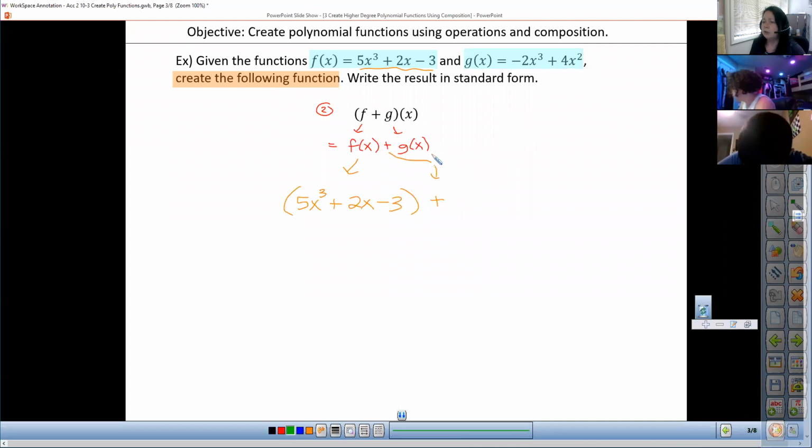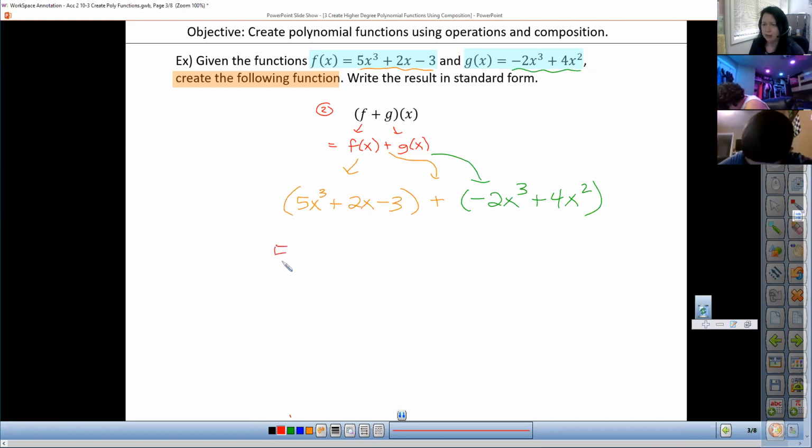And then I have g of x here in parentheses, which is these two terms, negative 2x cubed plus 4x squared. And now what I have to do is remove my parentheses before I combine any like terms. So like I said, the first set of parentheses, they're kind of optional because there's nothing in front that is going to be distributed.